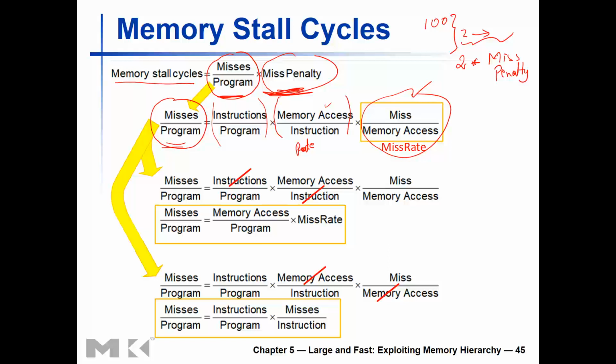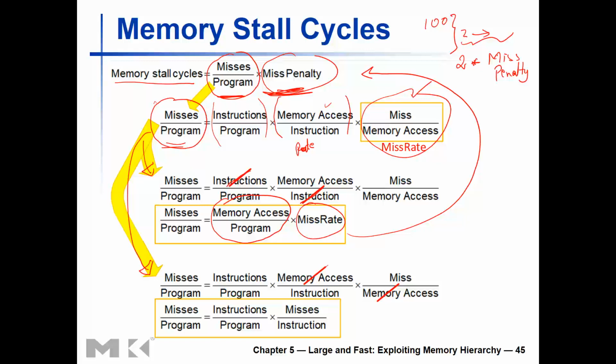Now I can take this equation here and say, okay, if I cancel instruction per instruction, I will get memory accesses per program times the miss rate, right? And if I plug this back in here, I will get the first equation in the earlier slide. Or I can take this equation and play it this way.